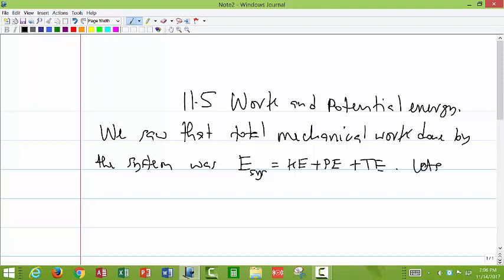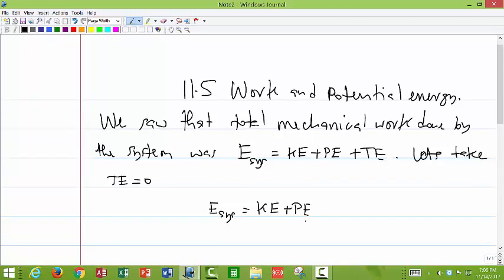So let's take the thermal energy to be 0, just to keep it simple. So we can say that the energy of the system is equal to kinetic energy plus potential energy. Okay.